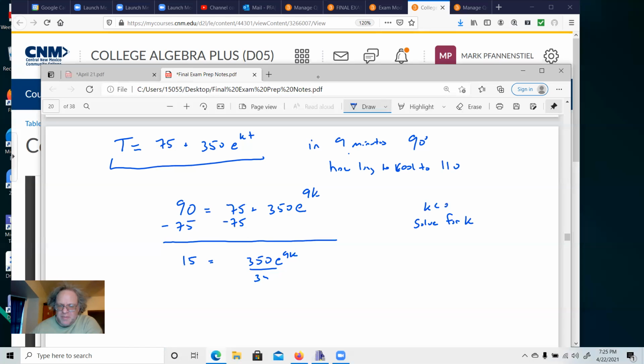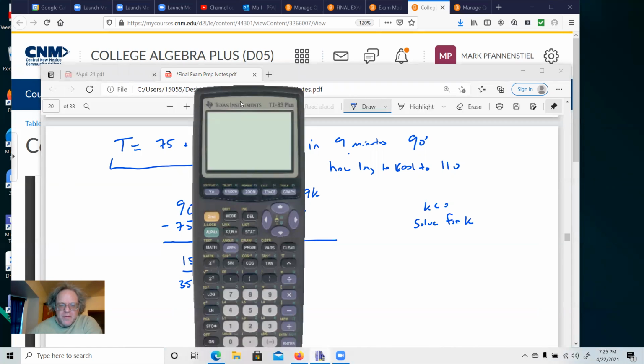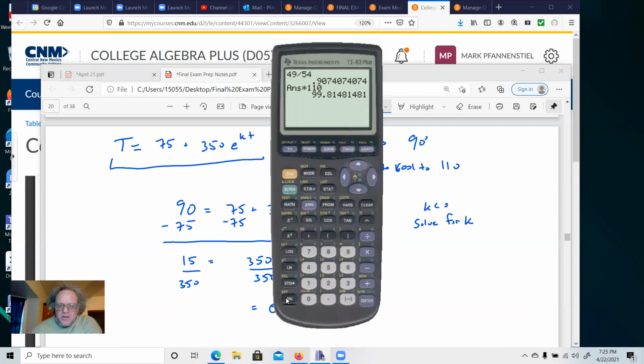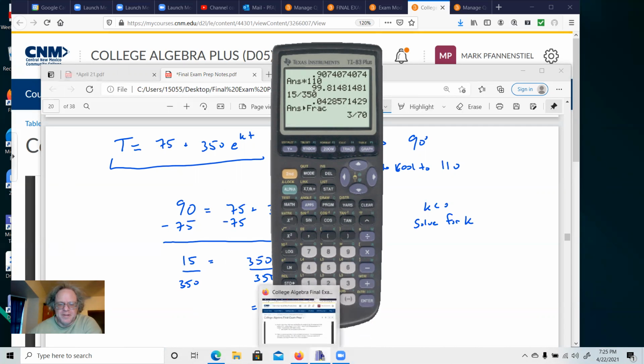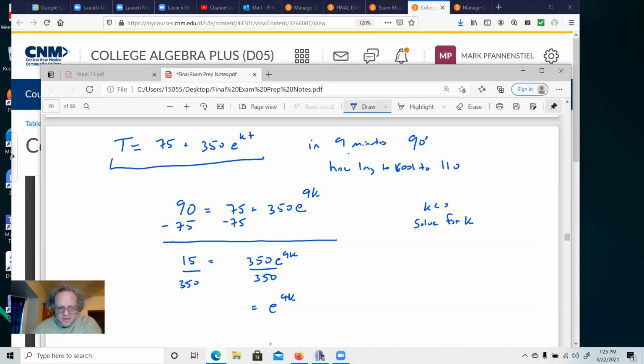Let's divide by 350. So we have e to the 9k equal to 15 over 350. Let's make it easier to write and turn it into a fraction: 3 over 70. So this is 3/70ths.